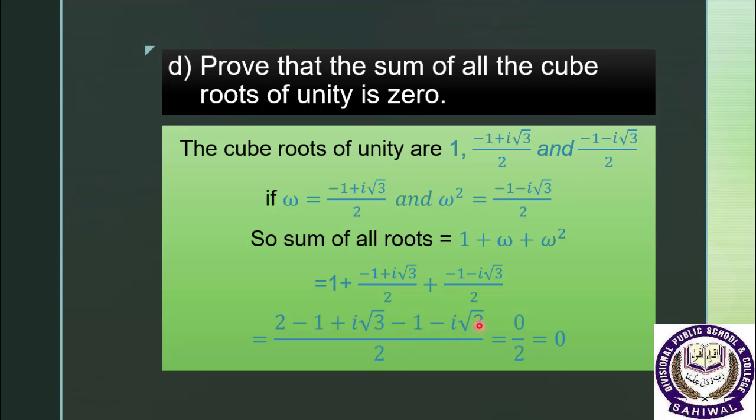They all cancel each other because they are the additive inverses of each other. So we get 0 in the numerator divided by 2, which is equal to 0, because 0 divided by any number is equal to 0. So the sum of all the roots, 1 plus omega plus omega square, is equal to 0.